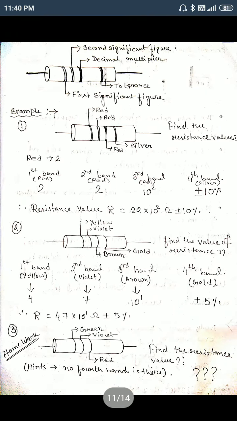So 57 into 10 to the power 2 ohm is the value. No fourth band is there, that means 57 into 10 to the power 2, that means 5700 ohm plus minus 20%. Try it at home. This one is homework. Please everyone, write in the comment box what will be the value of resistance for this third example.